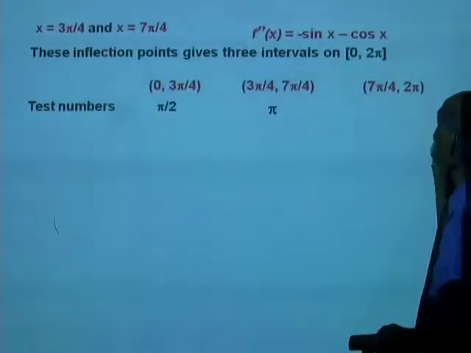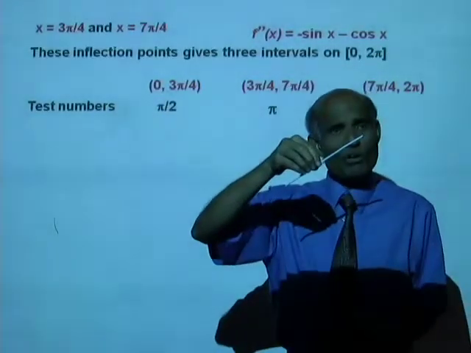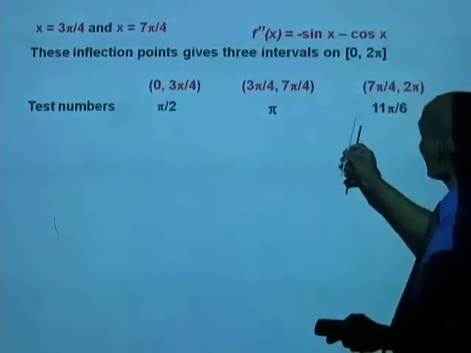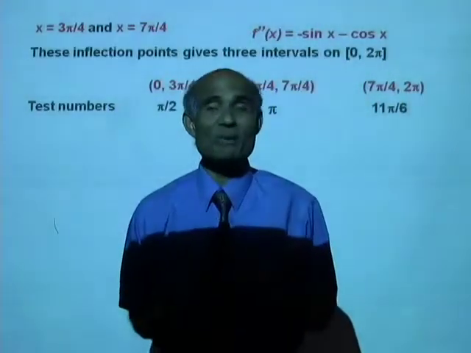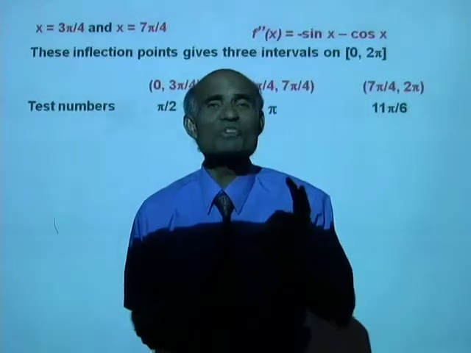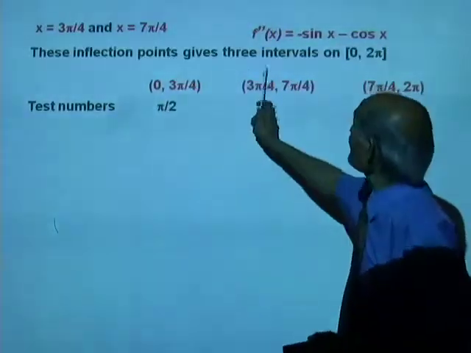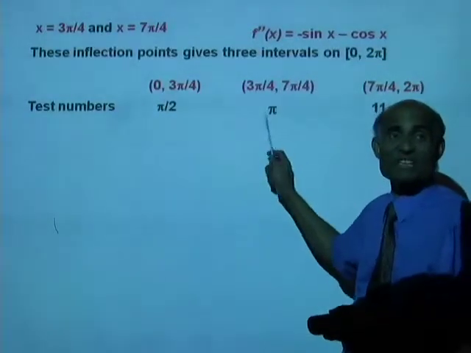And 7 pi by 4 to 2 pi. Well, a good one is 11 pi by 6. We took that yesterday also. 11 pi by 6 is 330 degrees. Alright, we now find the sign of the second derivative at these test numbers.